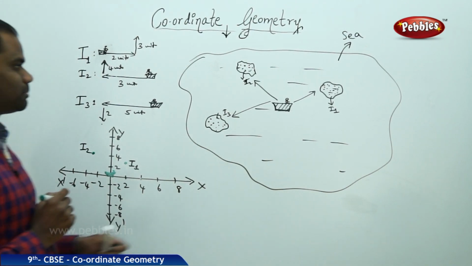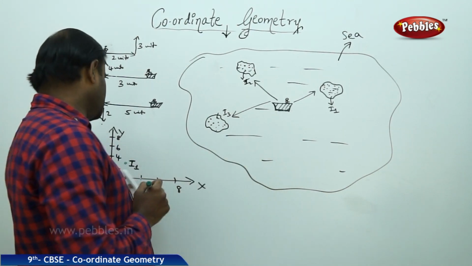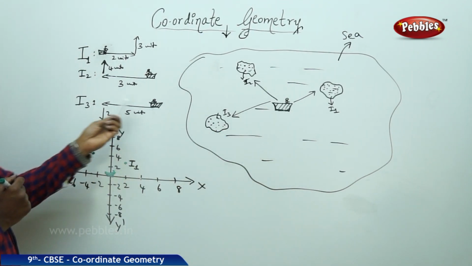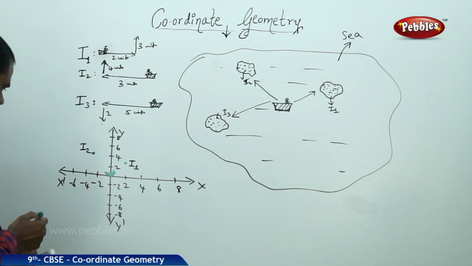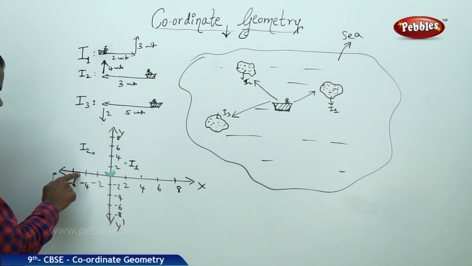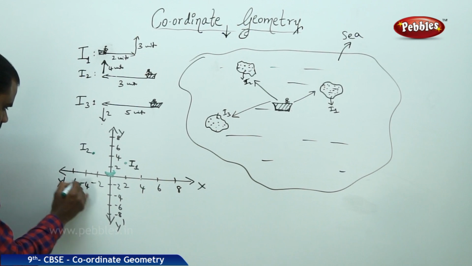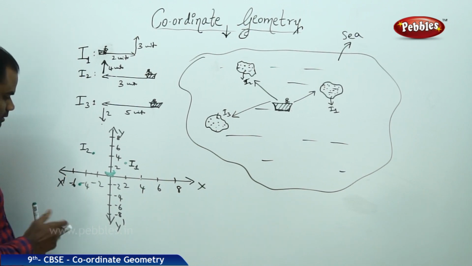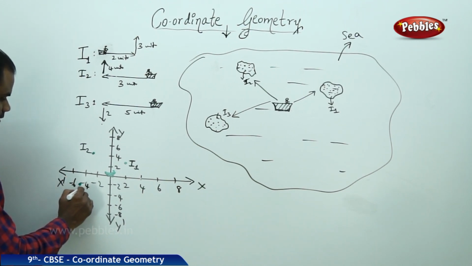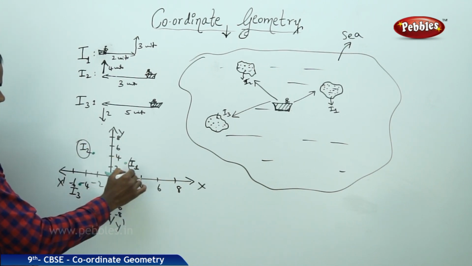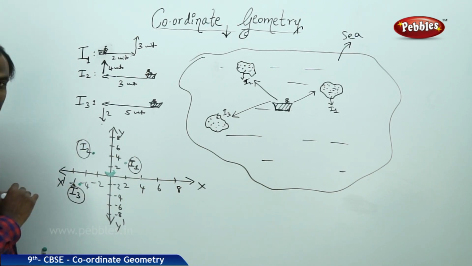And then the ship has to move from its initial position, the origin, to reach island 3, a distance of 5 units left and 2 units down. So 5 units left and 2 units down is about moving to this place, I3. So I have my destinations: island 3, island 2 and island 1.